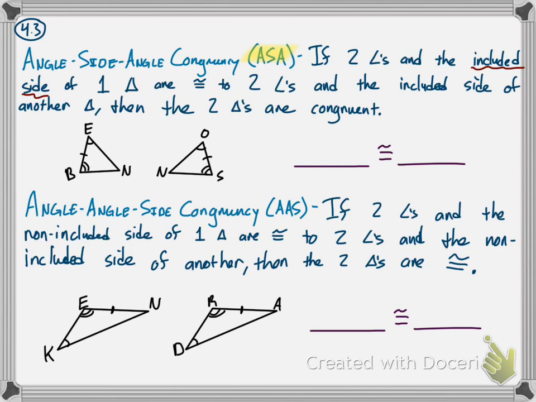So here we have E and O, that's our first pair of angles. We have B and S, our second pair of angles. And then we also have this side that is sandwiched between those two, meaning included, of the 2 angles.